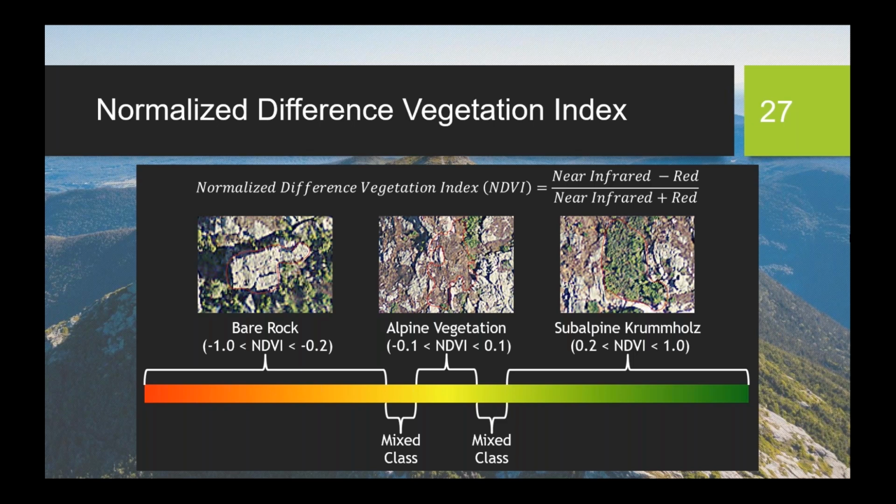But they're directionally accurate in these leaf-off conditions: the bare rock is generally going to have a lower NDVI range, the alpine vegetation in the middle, and the alpine vegetation is generally going to have lower NDVI values than the chromals. And I do see the mixed classes there, just highlighted those, where the ranges were a little harder to do. Next slide.